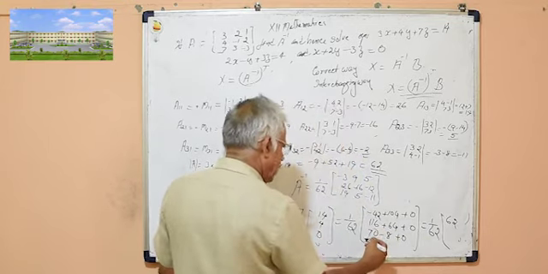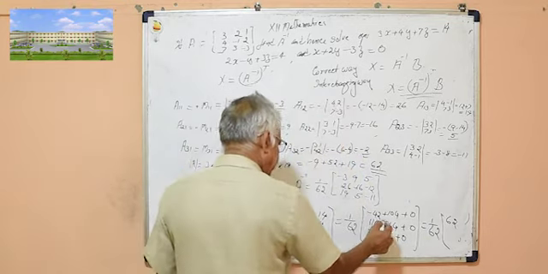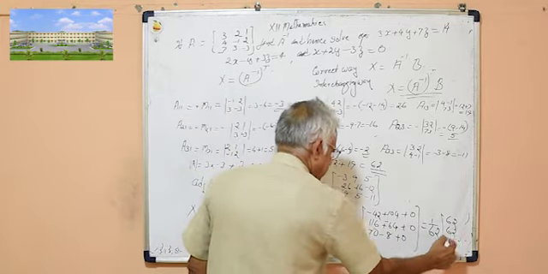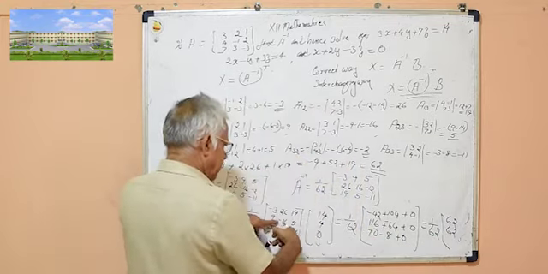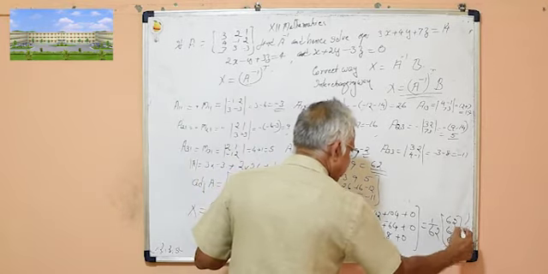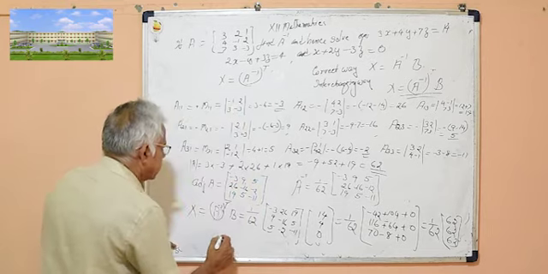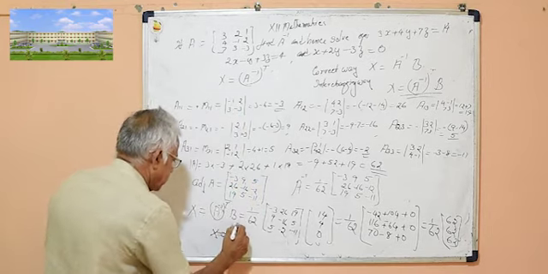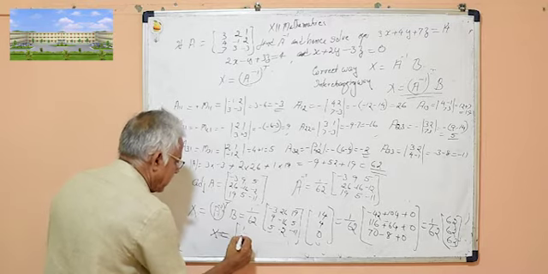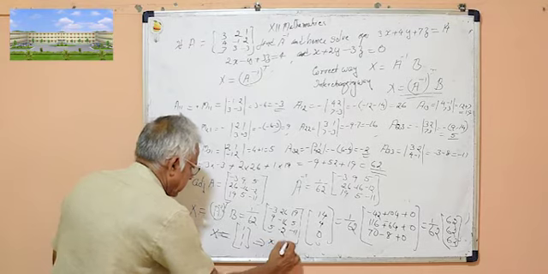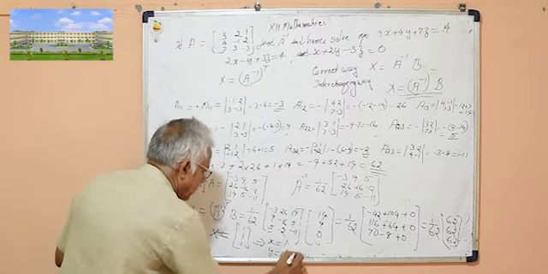Here minus 64, then we get 62. Minus 16 into 4, minus 64, 62. Dividing by 62, x is equal to 62 by 62, 1, 1, 1, which implies x is equal to 1, y is equal to 1, z is equal to 1.